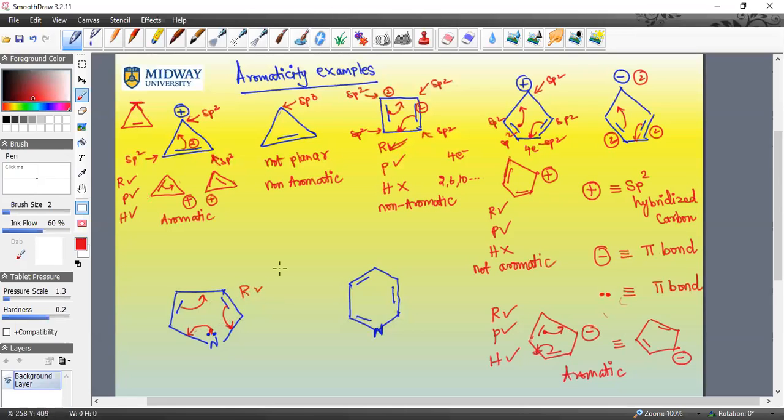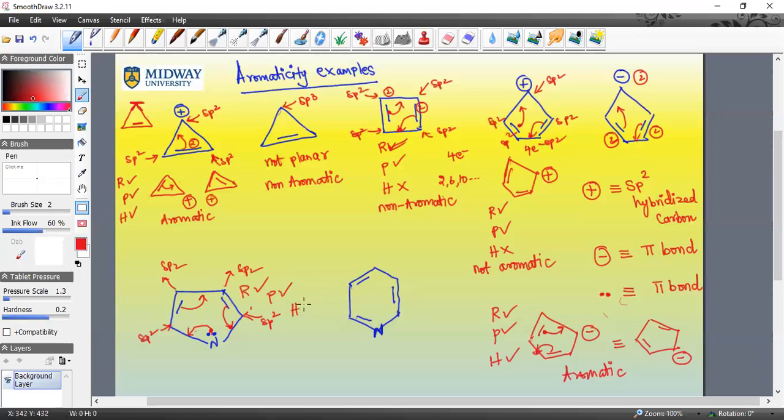So it passes resonance. Does it pass planarity? Sure, it's a double, single, double, single. This is not even carbon, so it doesn't even count. So it's only this. So it's sp2, double, sp2, sp2, sp2. So all sp2s means it passes planarity.